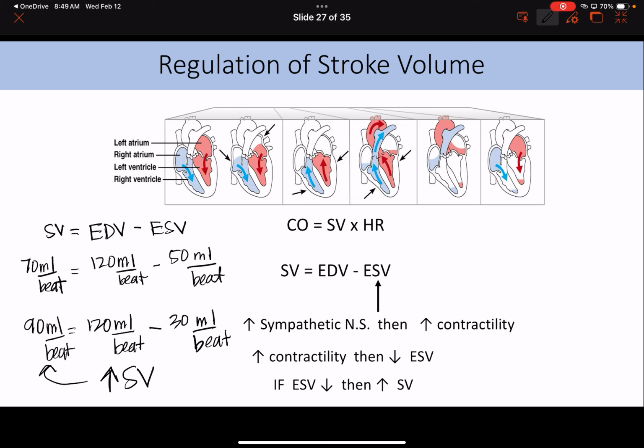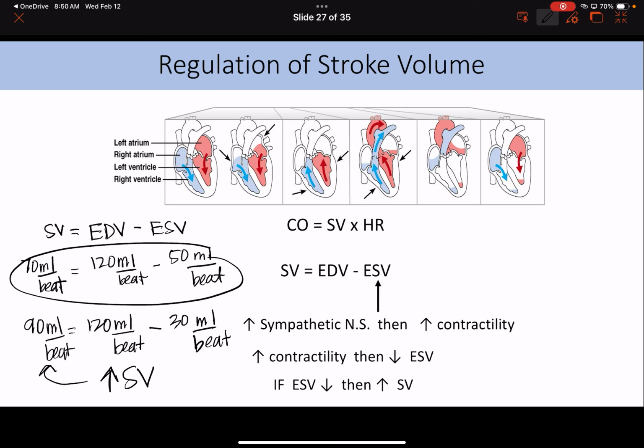And those are the averages. I don't know if there's a question where they have to know the EDV and ESV values. You tell me when we're in lab and then I'll tell them.